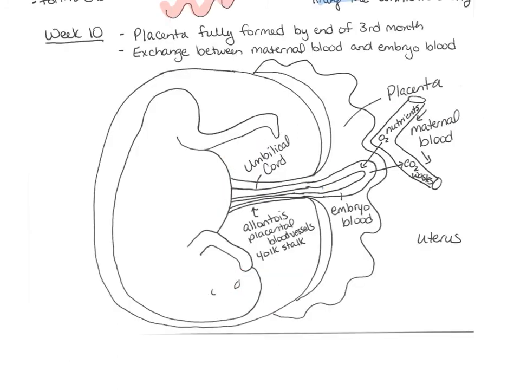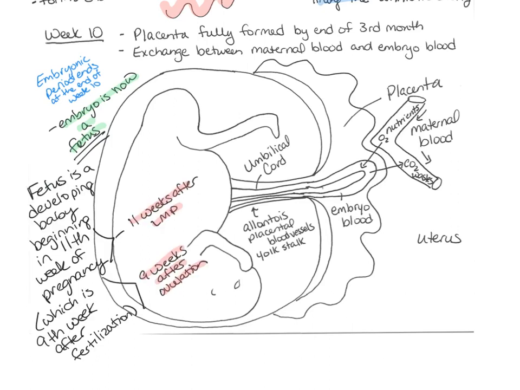The embryonic period ends at the end of the 10th week of pregnancy, and the embryo is now considered a fetus. A fetus is a developing baby beginning in the 11th week of pregnancy. We can see here how at the end of the 1st trimester, the fetus has moved farther from the placenta, but remains connected to the umbilical cord, and the umbilical cord contains the allantois, the placental blood vessels, and the yolk stalk.